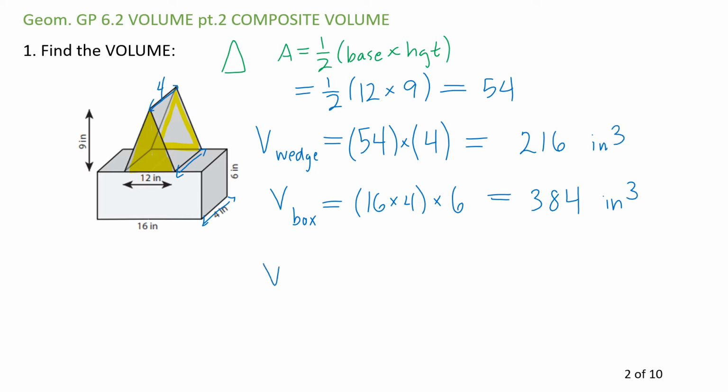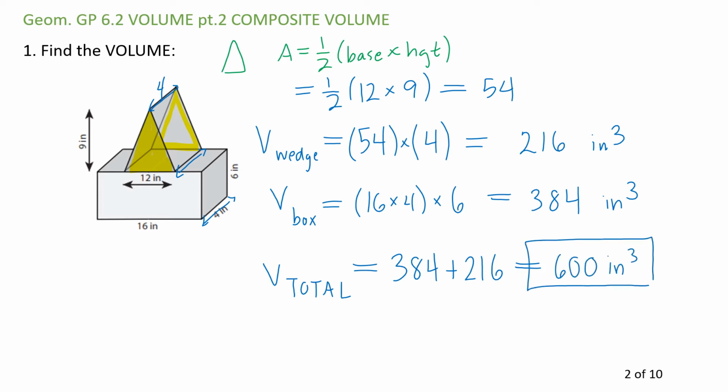So the volume of the total is equal to the 384 of the base plus the 216 wedge, which gives me a total of, I believe, 600. It is 600 cubic inches. I was not able to find it directly. I found it in different pieces.